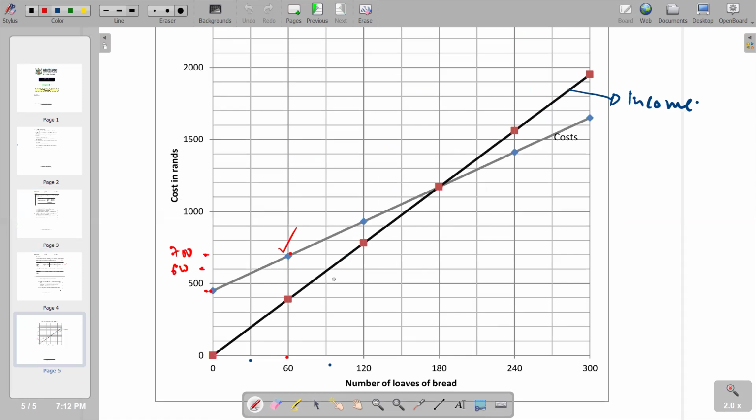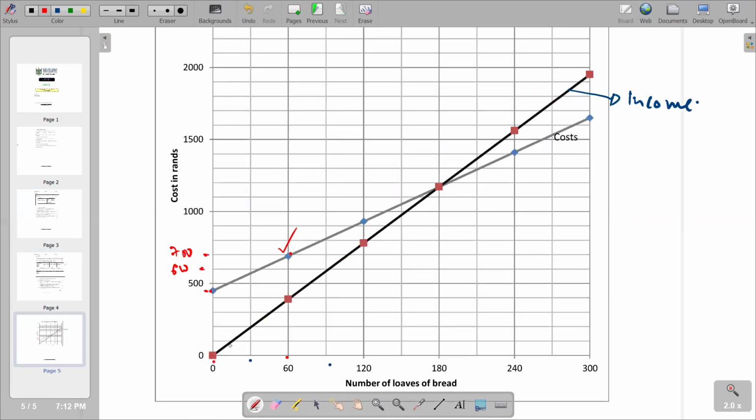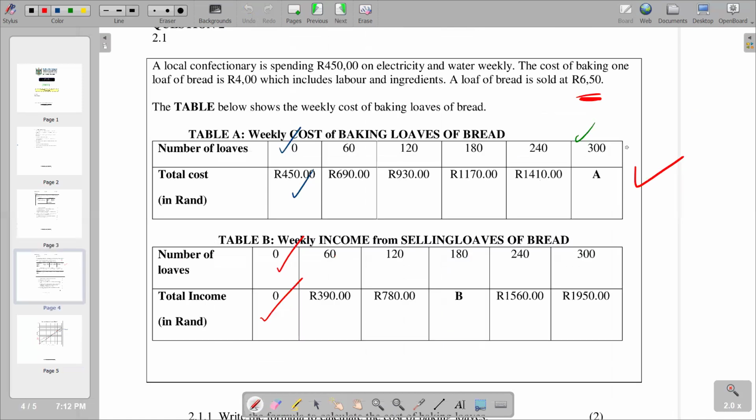Then we go to the income curve, whereby the first point is 0, 0, as indicated on our table, whereby zero number of loaves leads to total income of 0, which is again indicated as the point of origin here, 0, 0. And then if you go to the far extreme end, we have the point that is 300 loaves, which is coming up with the A that we calculated.